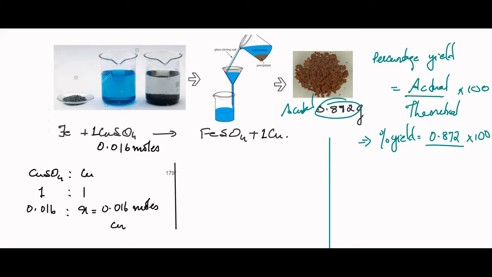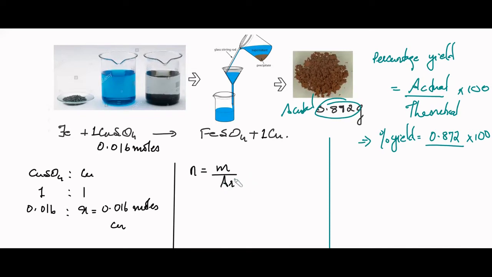Now our next aim is to find out the mass of copper. In order to find the mass of copper, number of moles will be equal to mass over atomic mass of copper.